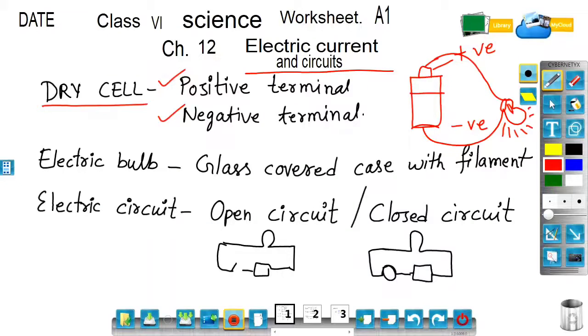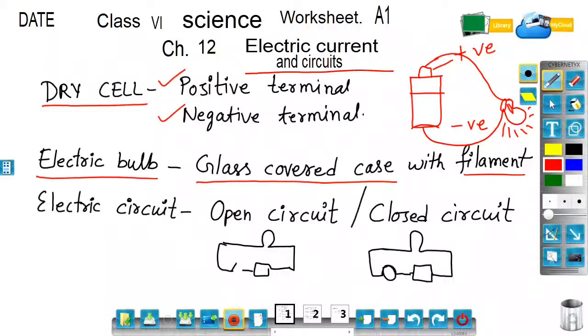Now, the electric bulb. Obviously, all of you have seen the electric bulb at your home. The bulb is covered by a glass case, and inside it a filament is present.